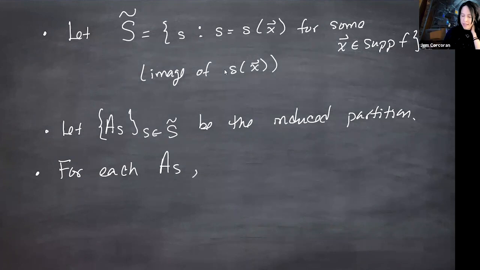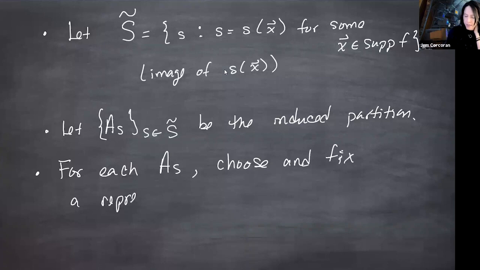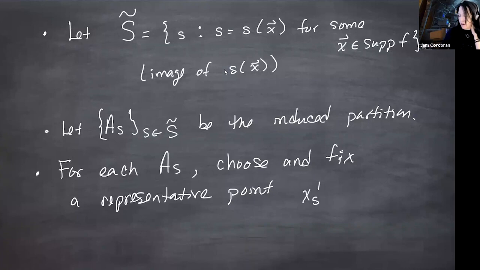So for each A_S, choose and fix a representative point. And I'm going to call that X sub S star, like it's this great representative thing in each A_S.